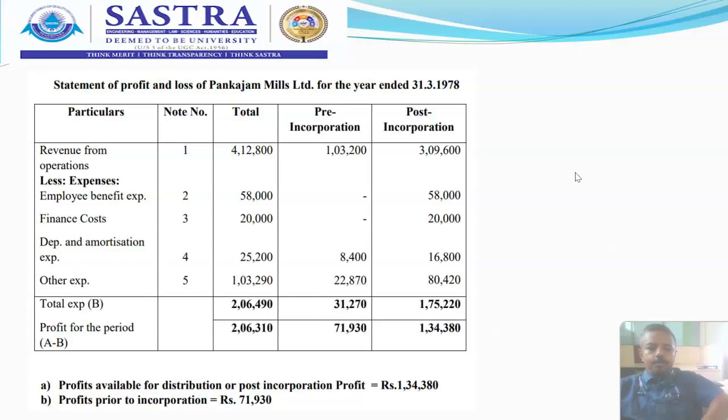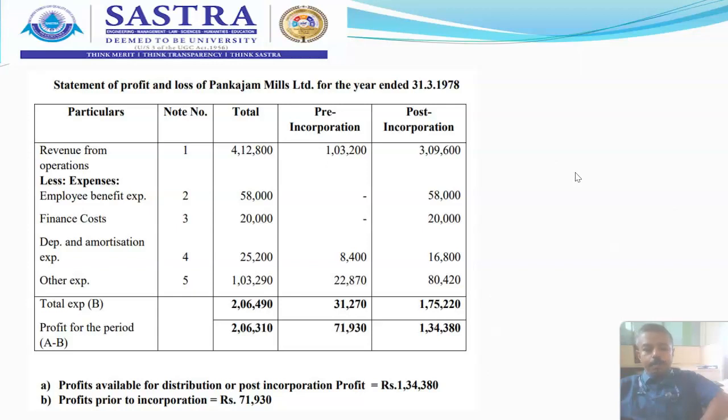That is the profit for the period. In post-incorporation period, the revenue from operation is 3,09,600, whereas the total expenses are 1,75,220. You will get the profit for the period as rupees 1,34,380. So this is how we need to calculate.